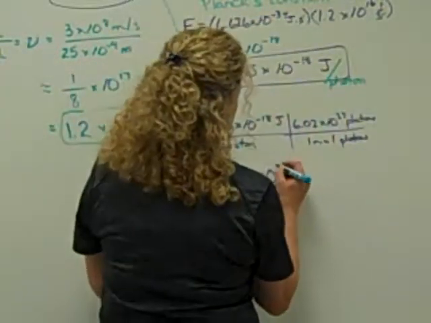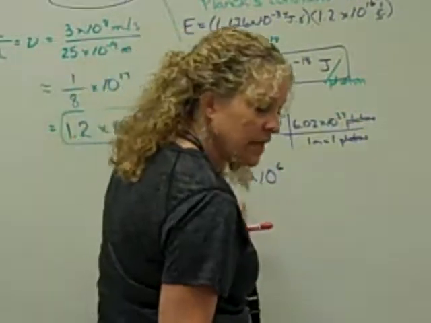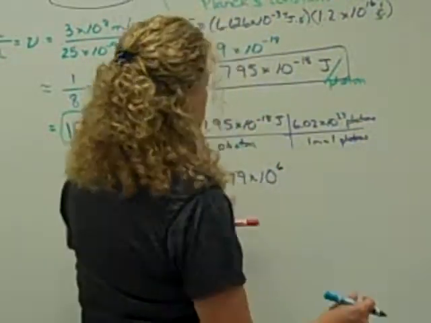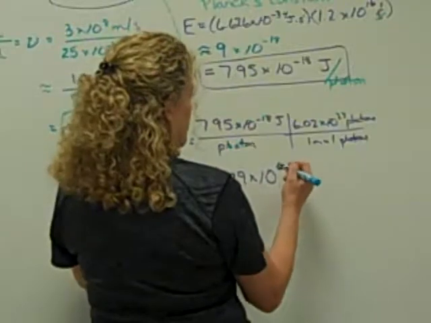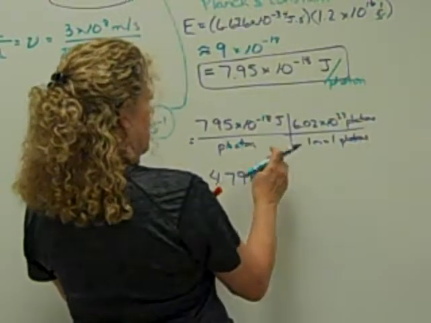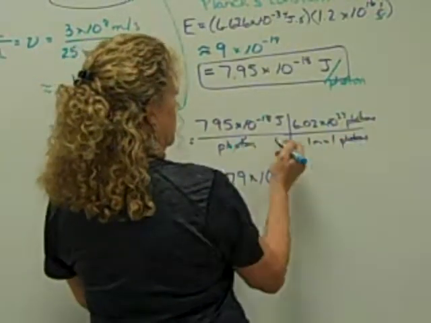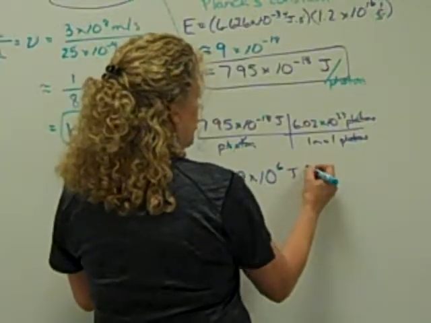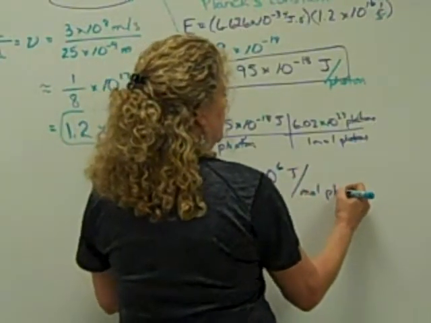It ends up being times 10 to the 6. I get 6, right? 4.79 times 10 to the 6. The photons cancel, and so it's joules per mole of photons.